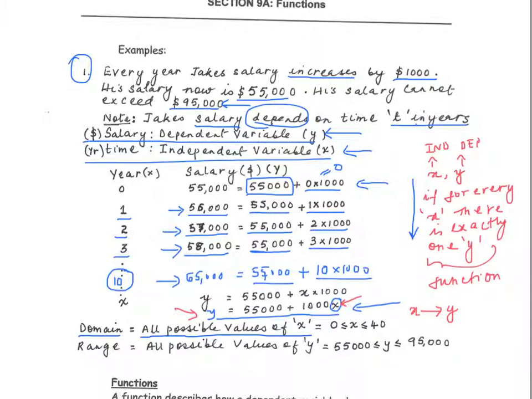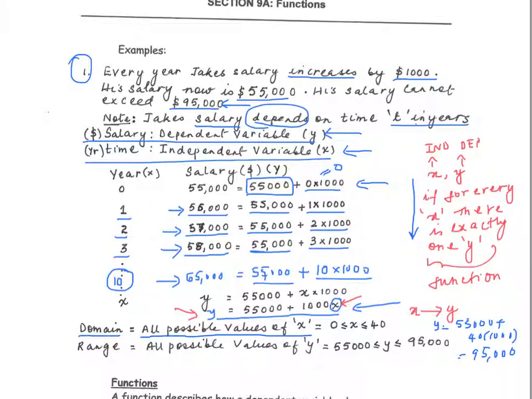Now, the maximum that the time x can be is 40 because y equals 55,000 plus 40 times 1,000, which is equal to 95,000.